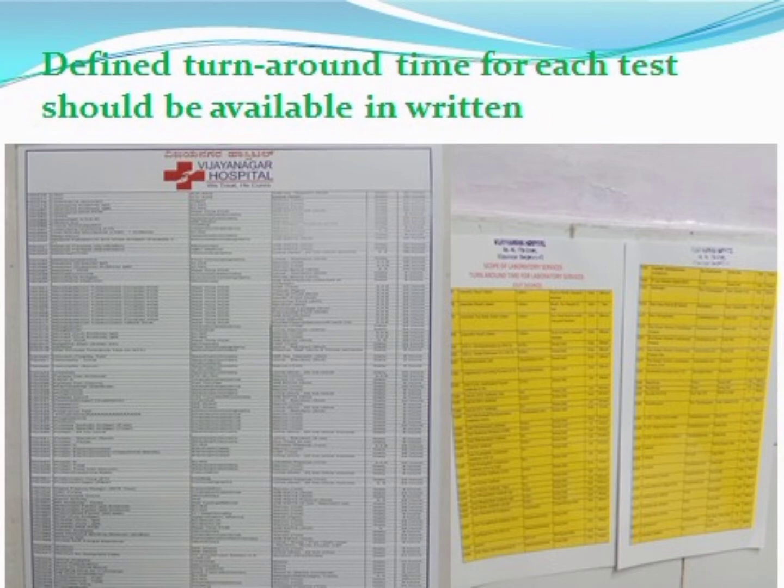Point number 7. A defined turnaround time for each test should be available in writing. So we should have in a SOP the turnaround time for each test, and the same thing should be displayed and followed.